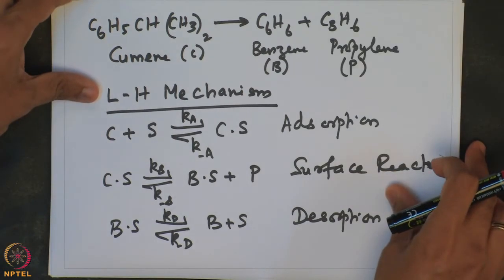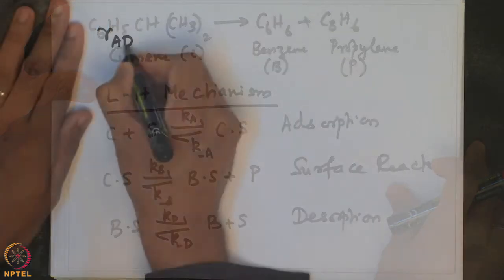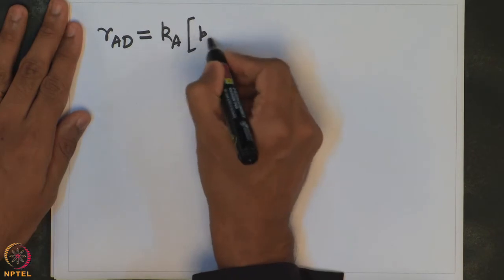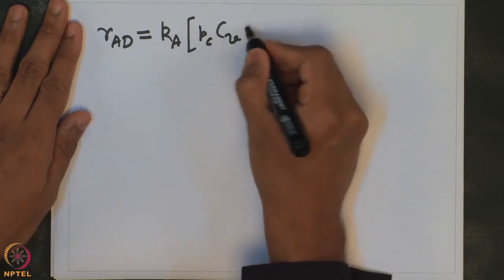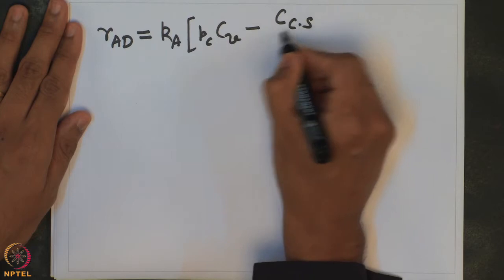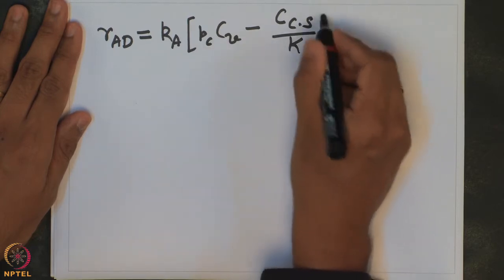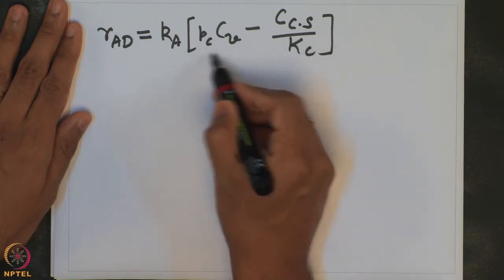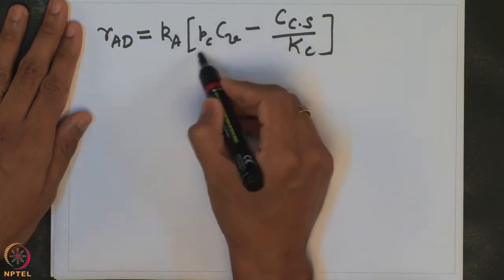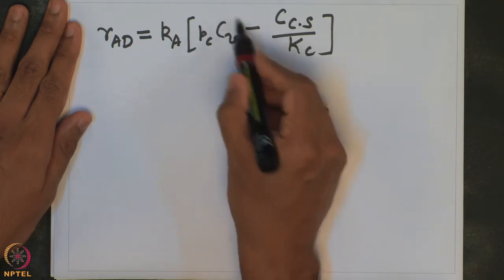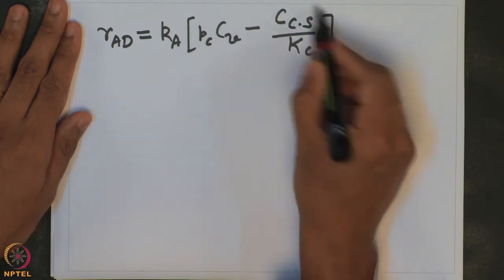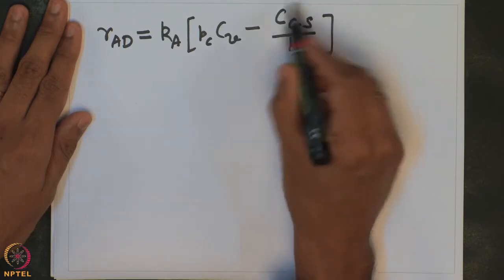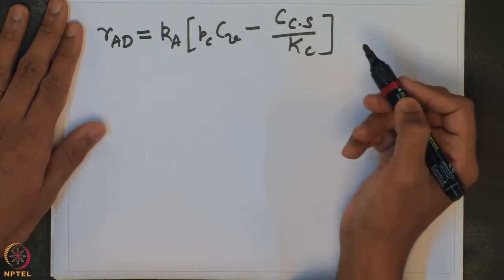The rate of adsorption, RAD, is equal to Ka times (Pc Cv minus Cc.S divided by Kc), where for the adsorption step the rate is given by the adsorption process, which depends on the partial pressure of cumene and the concentration of vacant sites, and then the desorption or detachment step, which depends on the concentration of cumene adsorbed onto the active sites.